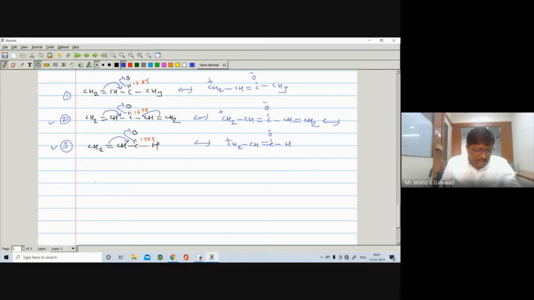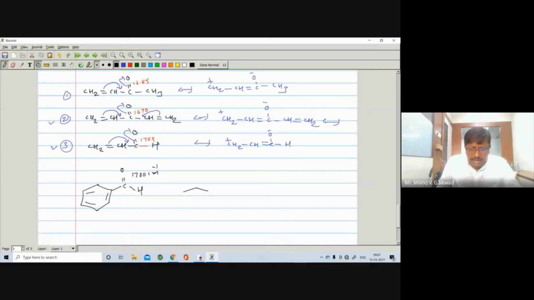Again, if you take another example, suppose you take benzaldehyde, this is your benzaldehyde. Here are the pi bonds, and there is the presence of C=O and H, it is called benzaldehyde. It will appear at 1700 centimeter inverse.